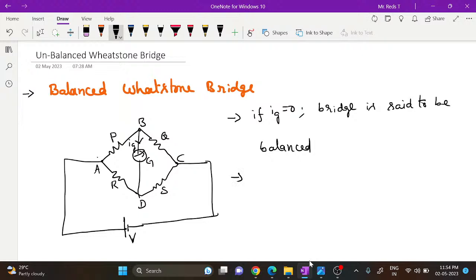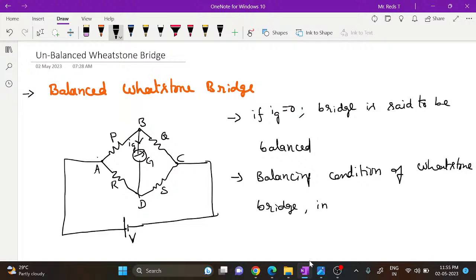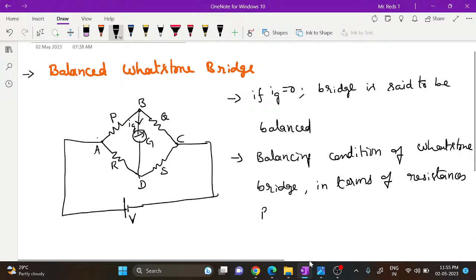So by applying this condition and of course by using Kirchhoff's laws, we can say the condition for a balanced Wheatstone bridge in terms of resistances P, Q, R, S is given by P by Q is equal to R by S, or P by R is equal to Q by S, or PS is equal to QR.